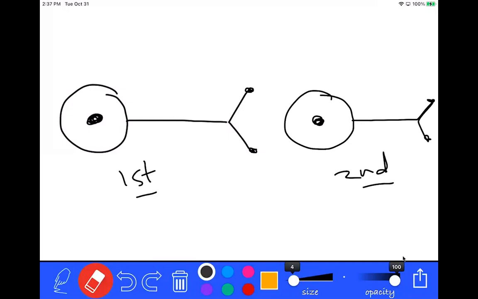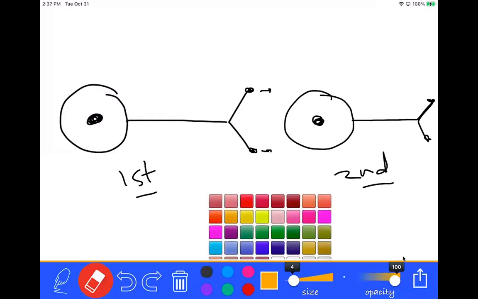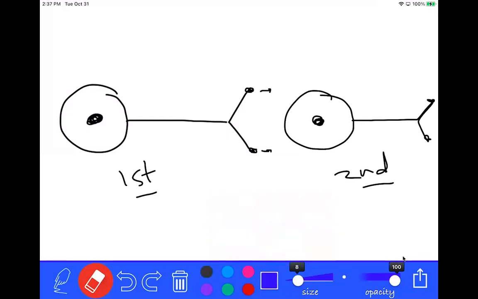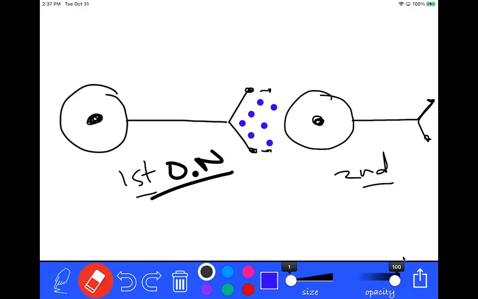Now, the neurotransmitters get out of this. So the neurotransmitters here, let me draw them as these blue dots. So these are the neurotransmitters coming out of the first order neuron. They will be received by receptors here on the second order neuron. So the second order neuron has receptors that will receive these chemicals.